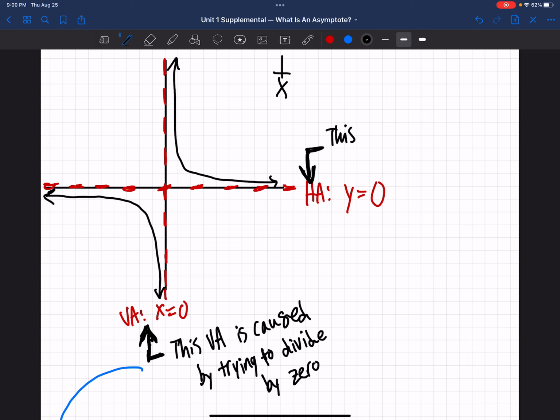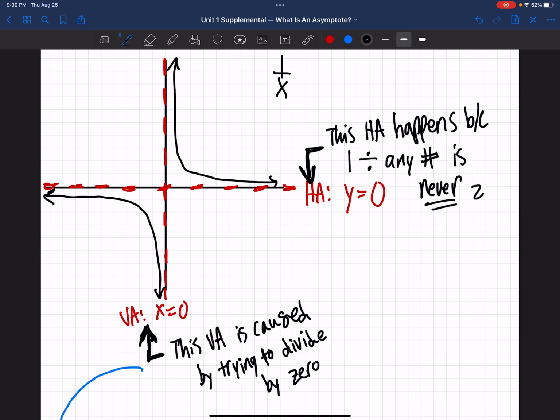This horizontal asymptote is maybe not caused by, I'm going to say happens because 1 divided by any number is never 0. Okay? This happens because 1 divided by any number is never 0.